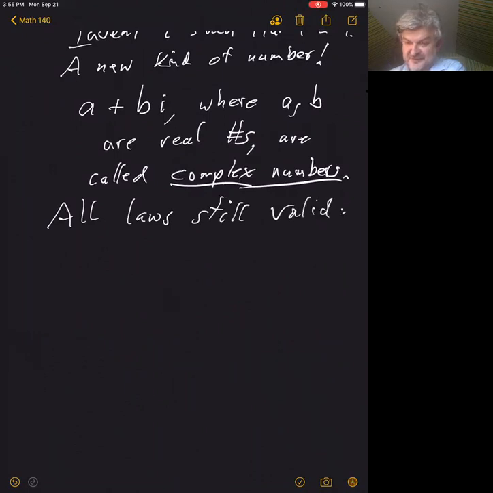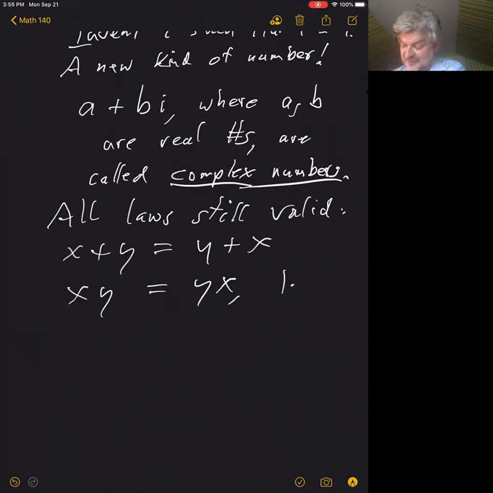What laws do we have? x plus y is y plus x. You can switch summands. x times y is y times x. 1 times x is x. 0 plus x is x.